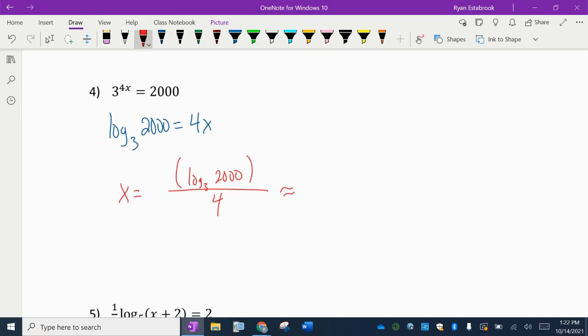And again, I want you to round to 3 decimal places. So when you put this in the calculator, was it 1 point something? 1.7296. So it's the nearest 3 decimal places.